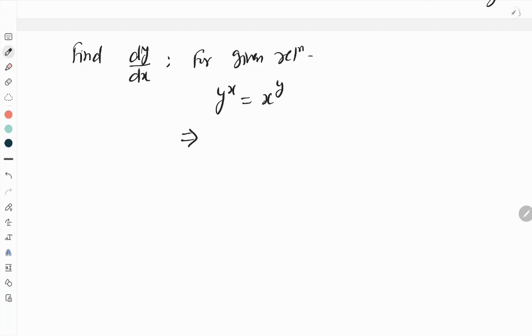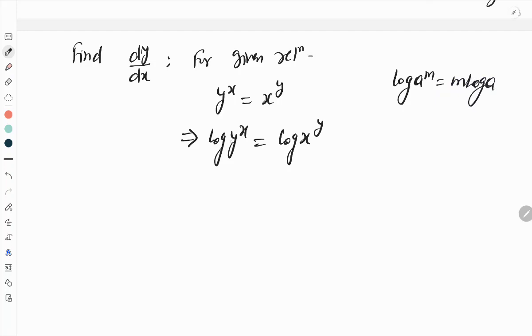Variable power variable or function power function. So take log: log of y power x is equal to log of x power y. Now you know that log a power m means m log a, m outside. Similarly x will be outside, x log y is equal to y log x.